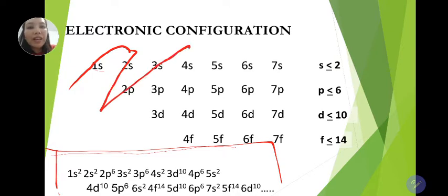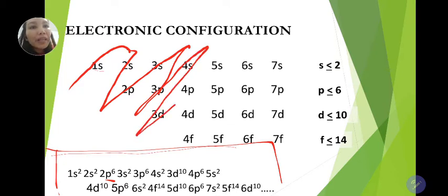So, we have 1s, 2s, 2p, 3s, 3p, 4s, then 3d. Then, 4p. Ganyan yung may arrows dyan, kung makikita nyo yan dun sa periodic table of elements nyo. So, ito yung pagkakasunod-sunod niya.